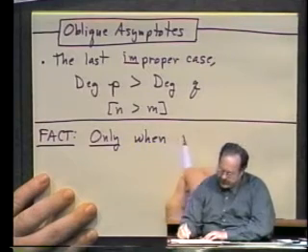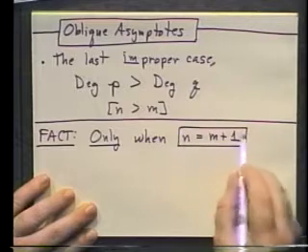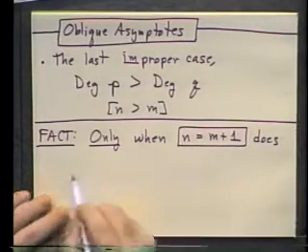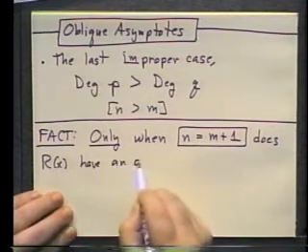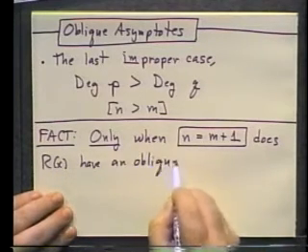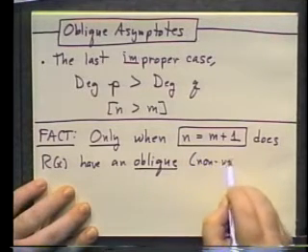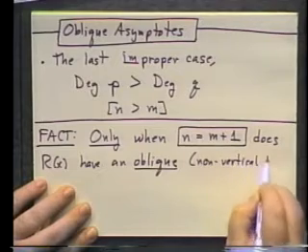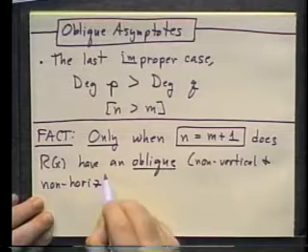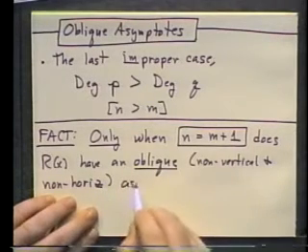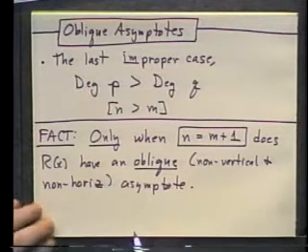Fact: only when n equals m plus 1, 1 more than the bottom, does r of x have an oblique, or slant if you like, non-vertical and non-horizontal to be clear, asymptote, and that's it.